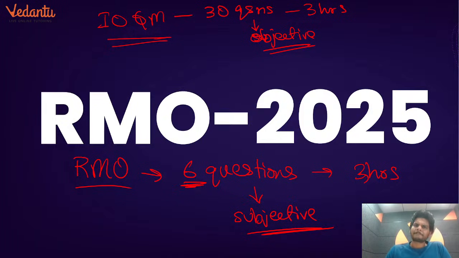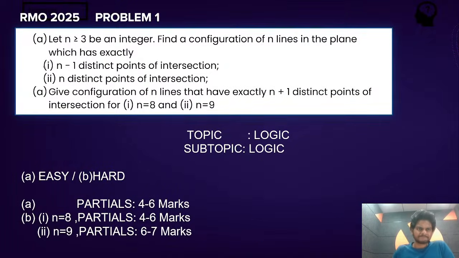So let's see. The first question, according to Chetan sir, is one of the first times that they have asked a configuration-based question. So there is no hard and fast rule or proof which you have to give for this question. They are asking, find a configuration. So you can do trial and error.